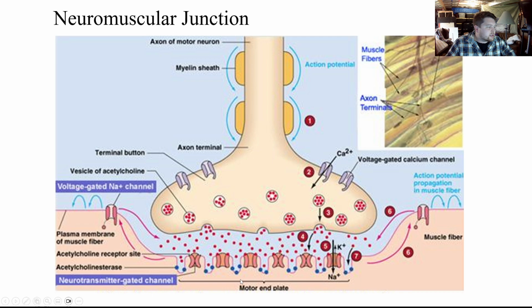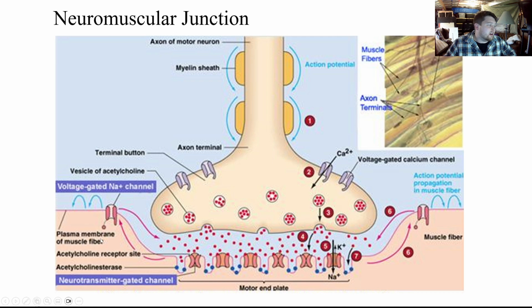What this does is begin to change the overall charge within this area, and similar to how the message propagated in a nerve cell, the same thing is going to happen here in the muscle cell. It's going to travel along until it reaches a point just outside of this neuromuscular junction where there are voltage-gated sodium channels lined up along the membrane of the muscle fiber.